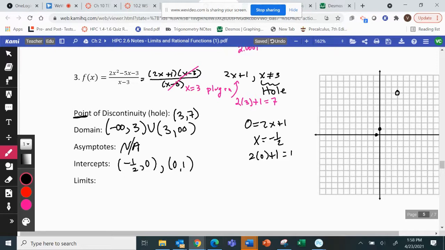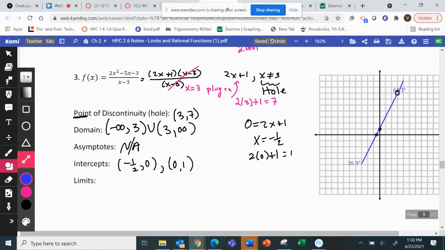So all I have is a line with a slope of 2 that has a hole in it. So I can't really apply limits either because it's not approaching anything. That's when we have asymptotes. So we're done with this question.